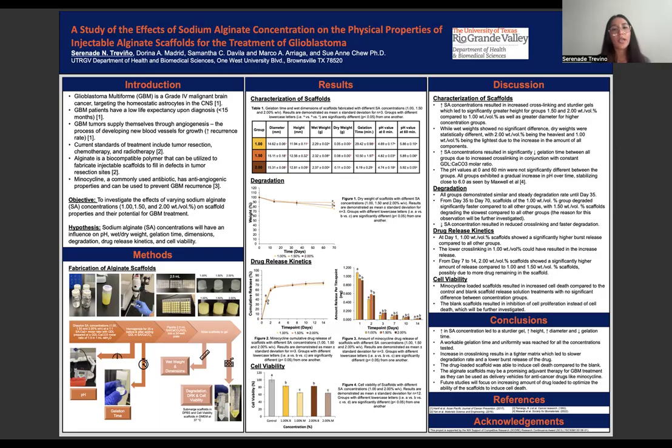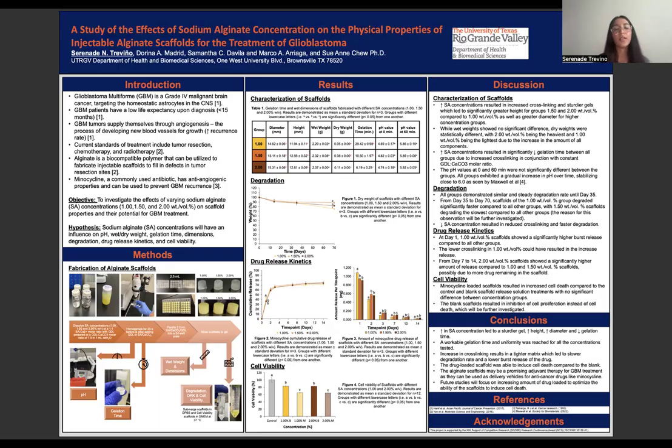The decreased gelation time is because of the increased sodium alginate concentrations, which leads to increased cross-linking, and also because of an increase in GDL, which is our accelerator of the cross-linking process. pH values were not significant between the groups, but they all showed a uniform increase over the 60 minutes that we recorded the pH, and they all stabilized close to a value of about 6.